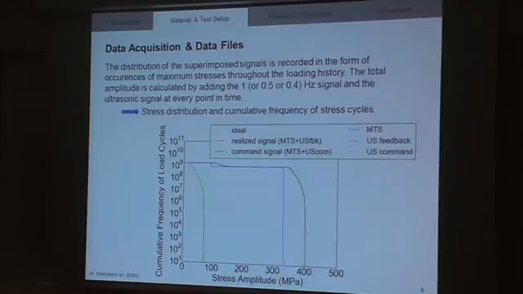Each time the ultrasonic signal has its maximum level, we measured the signal from the ultrasonic and from the low frequency system, and it was saved. After the test, it is possible to make diagrams of the cumulative frequency of the load cycles versus the stress amplitude.